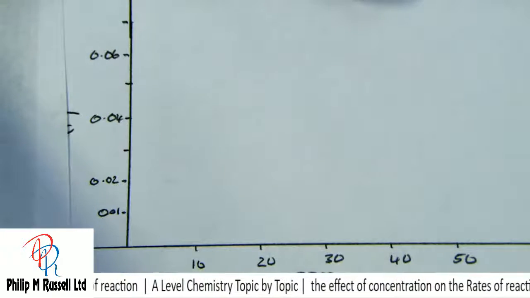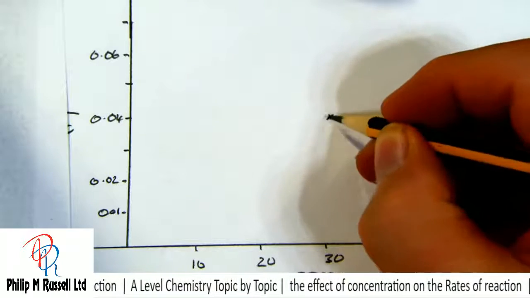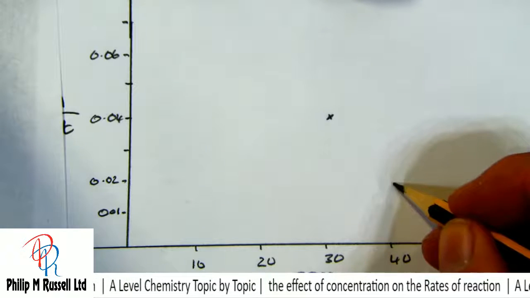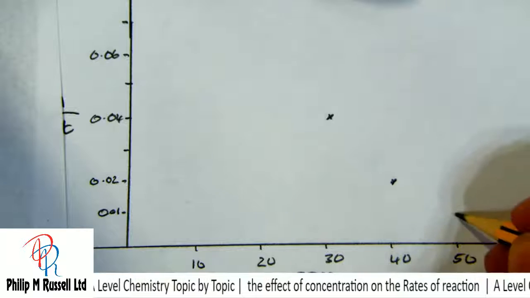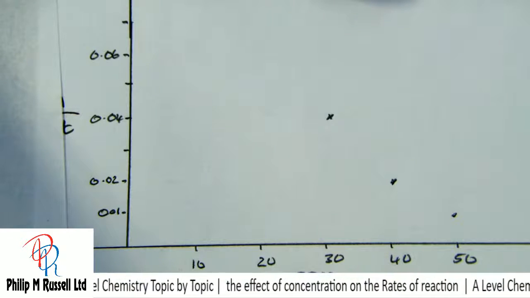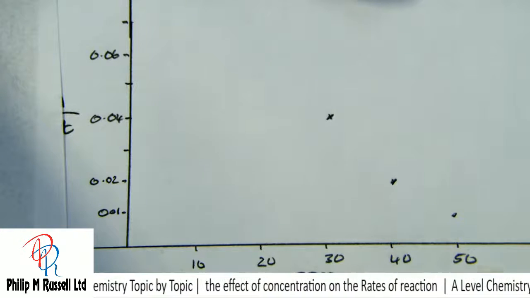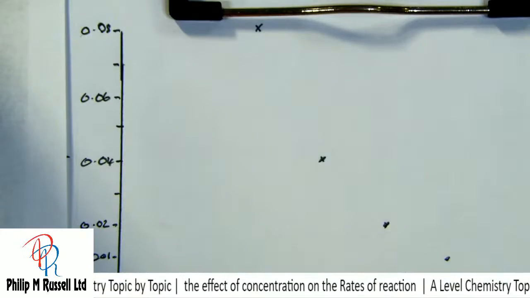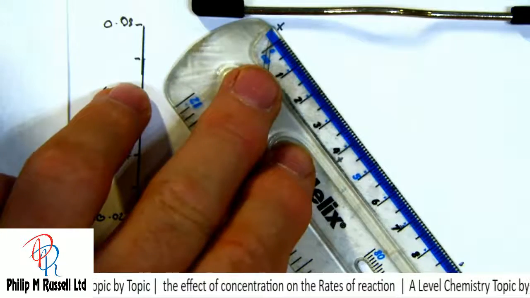I've got at my 30 0.04. I've got at my 40 0.02, and at my 50 0.01. And let's have a look and see what type of graph we've got here. Well, looking at this, it is definitely not a straight line here.